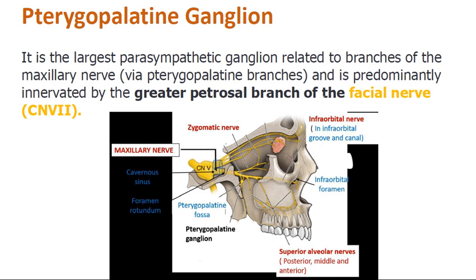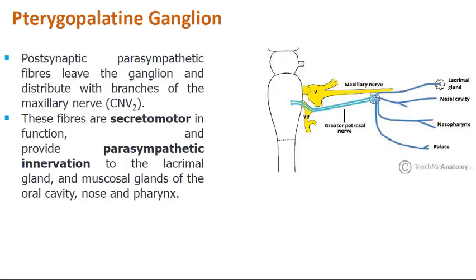So after synapse in the pterygopalatine ganglia within the fossa, the postganglionic parasympathetic fibers will serve as functional parasympathetic secretomotor innervation to the glands, for example, the lacrimal gland, and also the mucosal glands of the nasal and oral cavity.